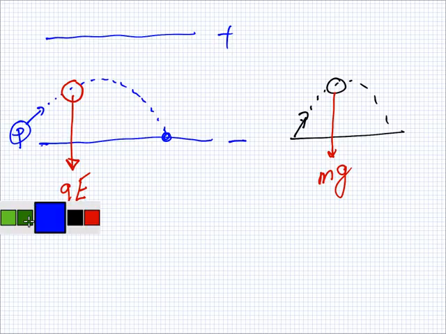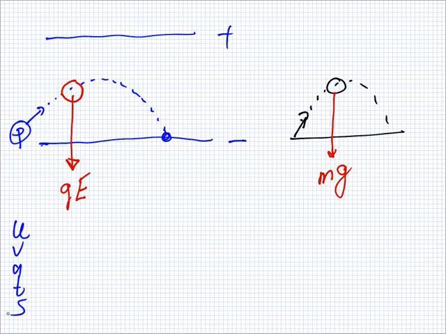So a lot of people don't realize it's actually the same type of problem. That this one here you do as UVATS. The only thing is you have to find out what the acceleration is. So you could say F equals QE. What's the formula for F? MA equals QE.